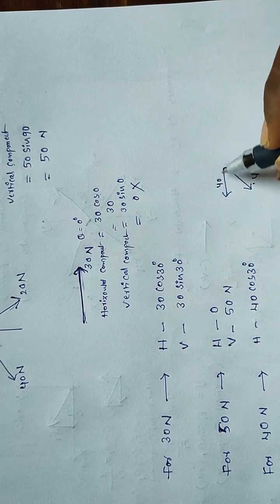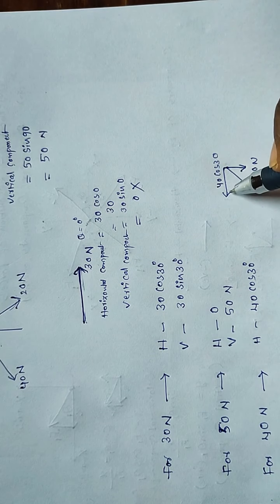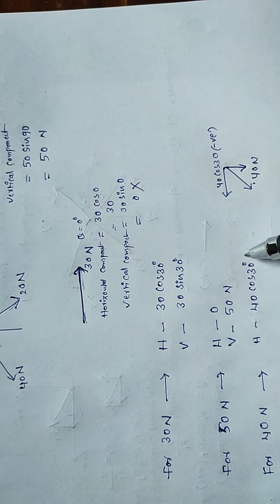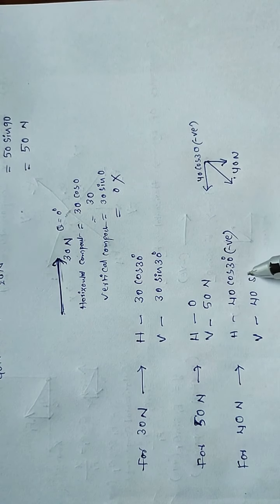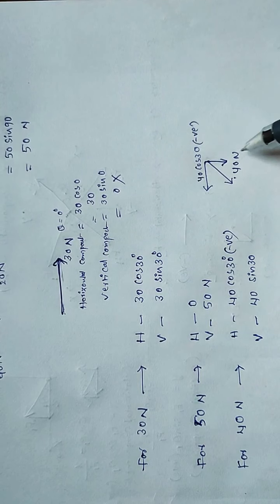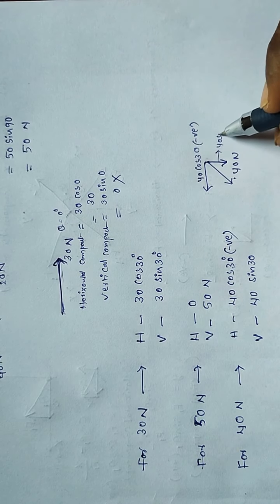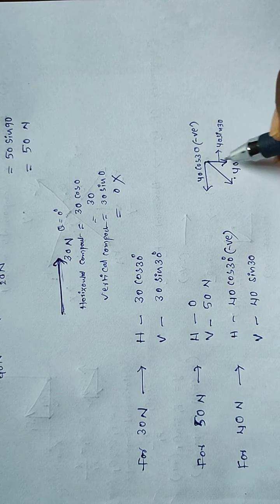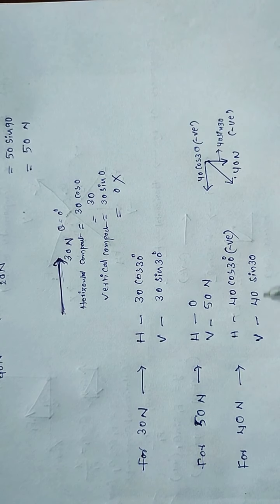This horizontal component is 40 cos 30 and it acts in negative x direction. So this value is negative. Vertical component will become 40 sin 30. This vertical component is 40 sin 30 and it acts in downward direction. That means negative y-axis. So that's why it is negative.